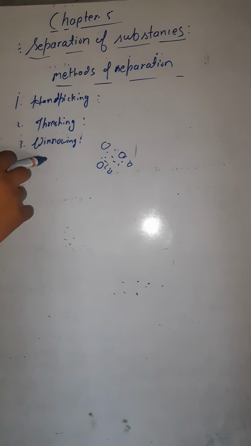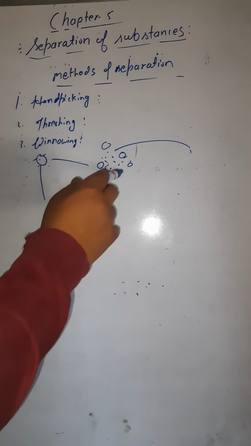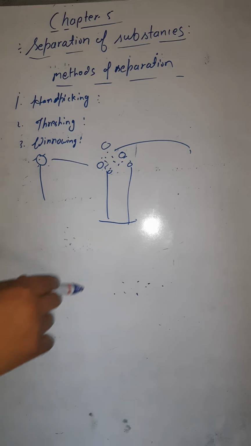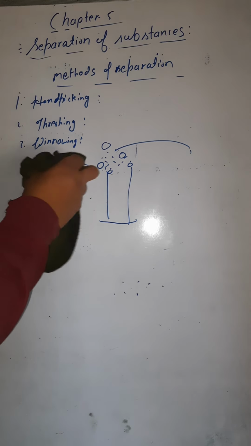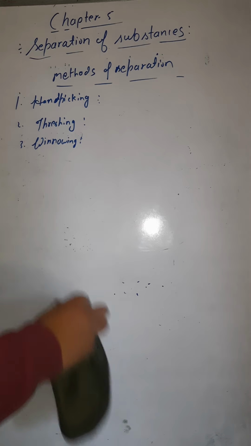So what would you do? You blow air from here. Let's say we are using a fan for that purpose. With the help of the air blowing from the fan, these lighter particles blow away from here, and these heavier particles just settle down. So this process would be called the winnowing process. By the process of winnowing, you can separate the lighter particles from the heavier ones.